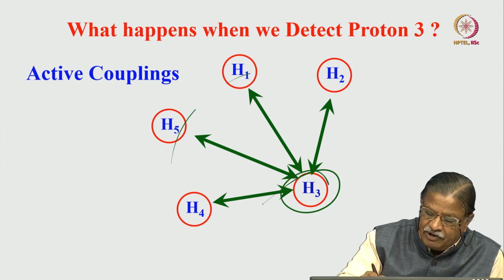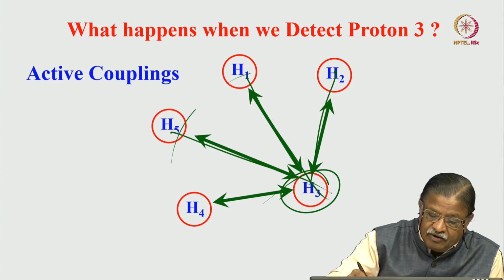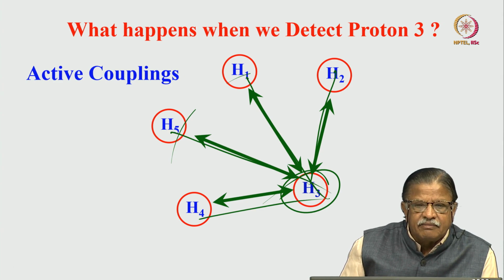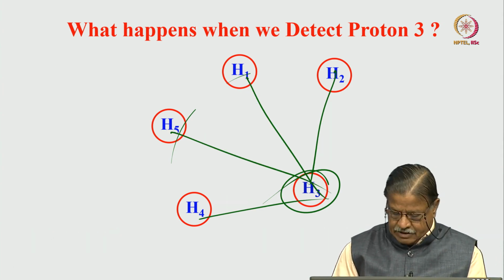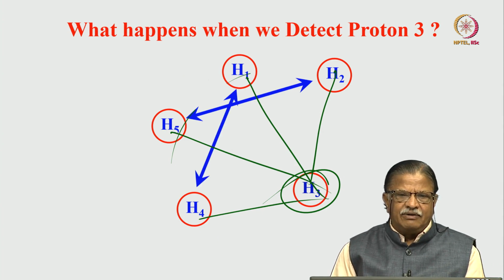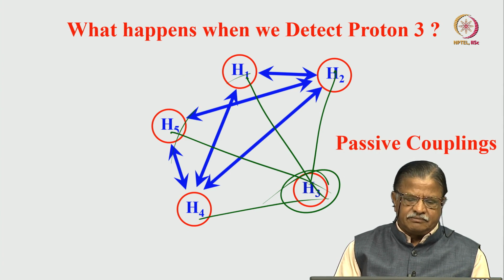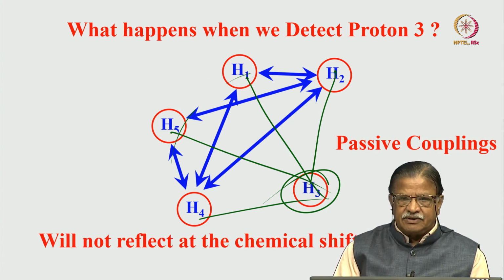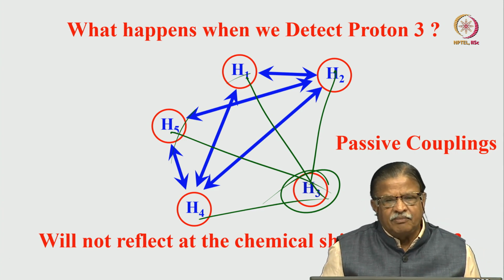So for proton 3, when you analyze that spectrum multiplicity, you get 2-3 coupling, 1-3 coupling, 5-3 coupling and 4-3 coupling. What about the other things like this 2-5, all the remaining proton couplings? They are called passive couplings, and these passive couplings are not seen at the chemical shift of proton 3.